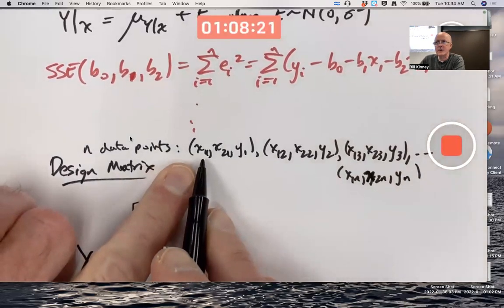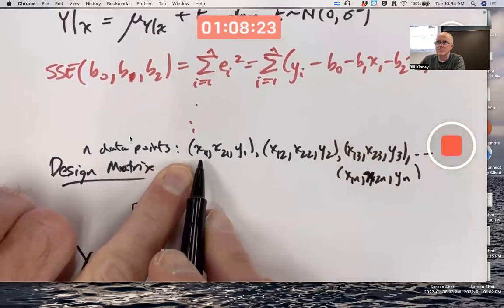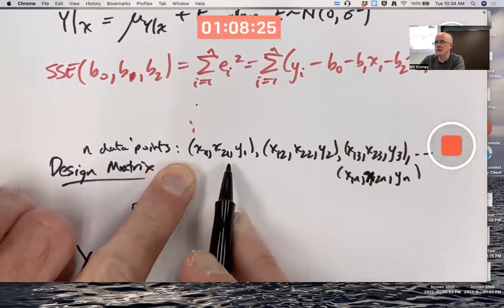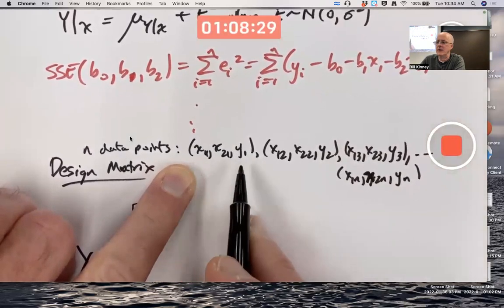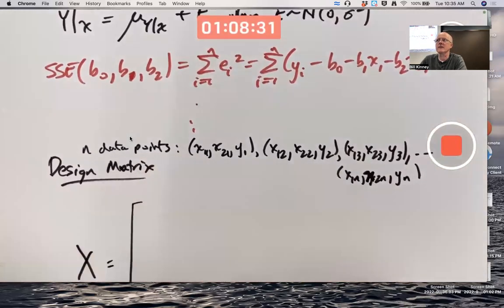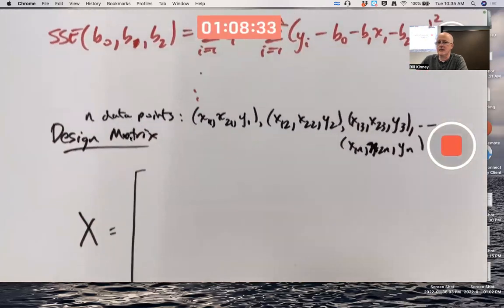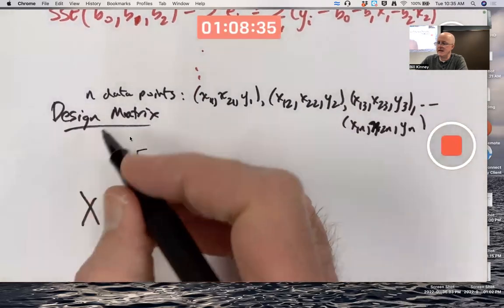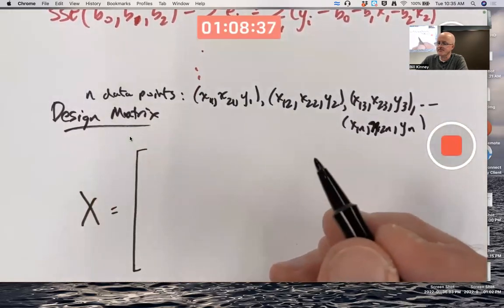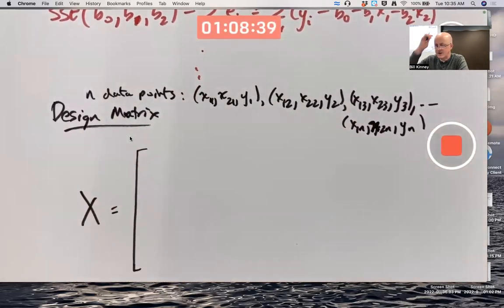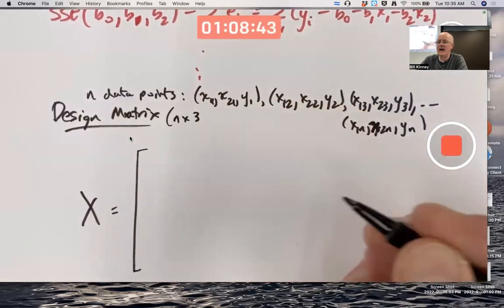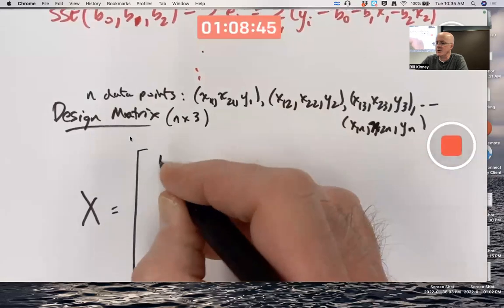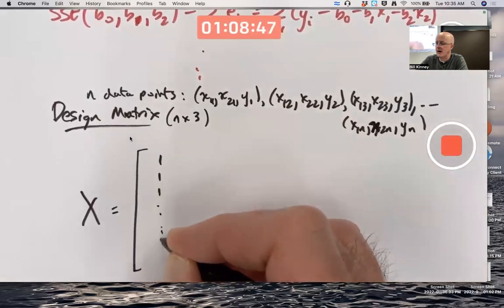The first subscript corresponds to the variable name, x1 versus x2. The second subscript corresponds to the data point: the first data point, the second data point, the third data point. In this situation, the design matrix is going to be n by 3: n rows and 3 columns. You still have a bunch of ones in the first column.